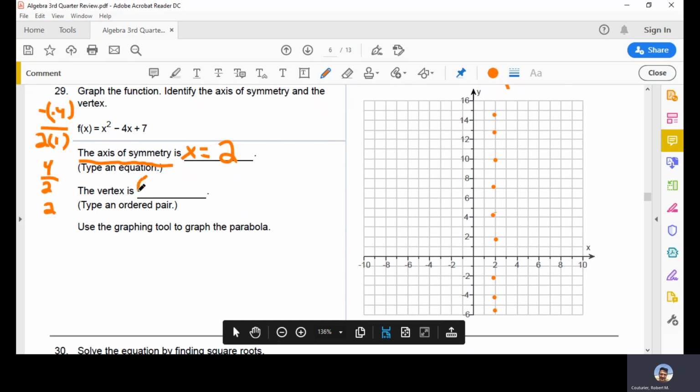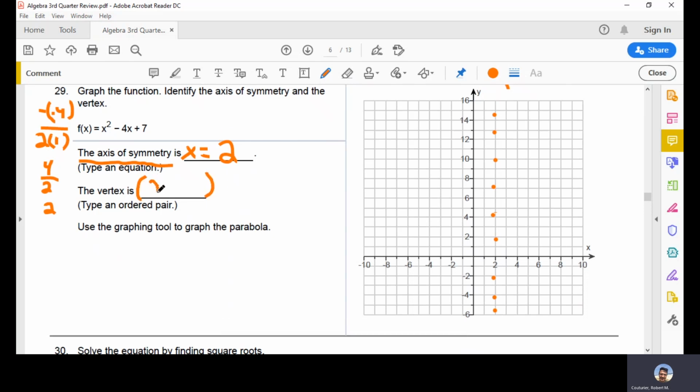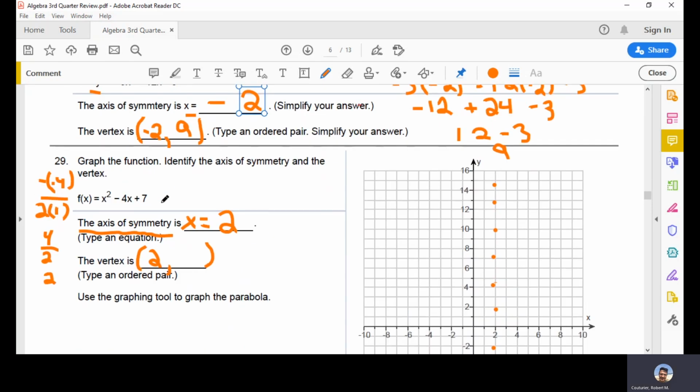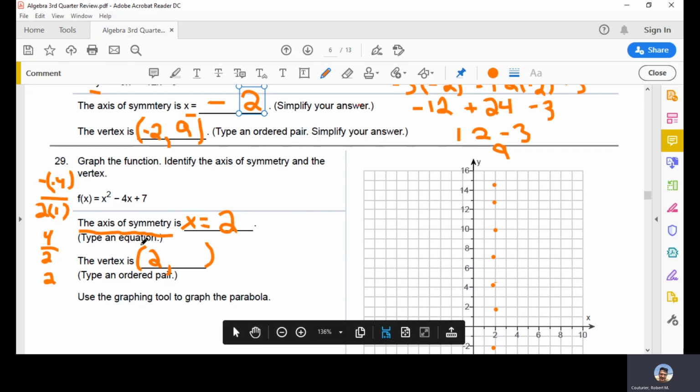Now we need to find that vertex. Well, we realize from above, again, we have the x coordinate because we had to find that axis of symmetry. We know the axis of symmetry is going to be that line where this vertex sits because it's either the highest or the lowest point. So let's take the 2 and plug it in.